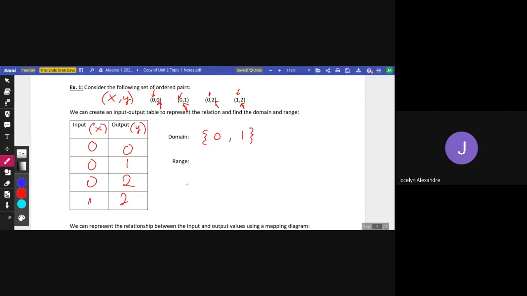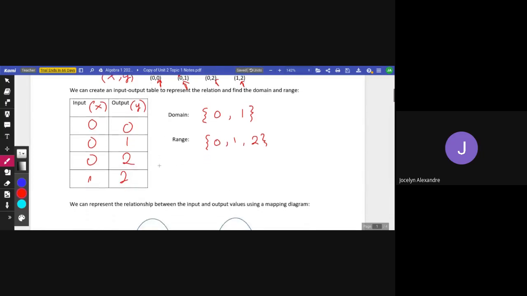For the range, those are my possible output values: 0, 1, and 2. Even though 2 happens twice, we only need to list it once. So that's two ways to represent this relation.